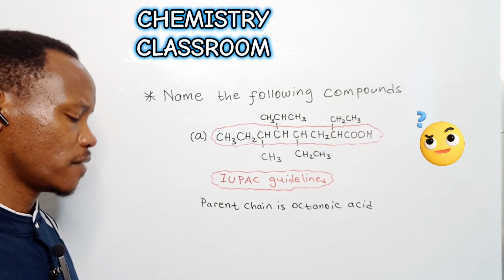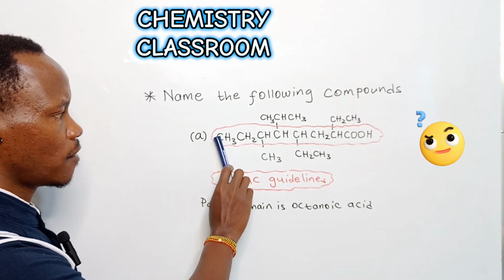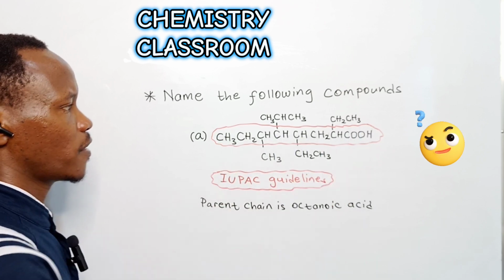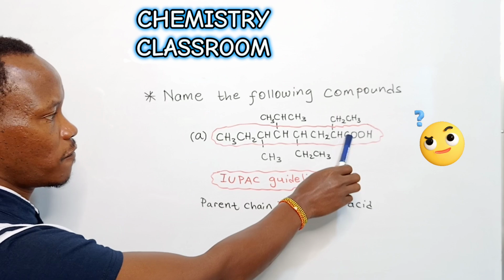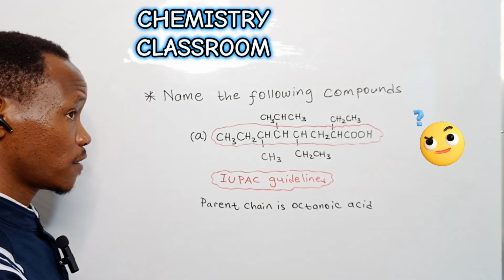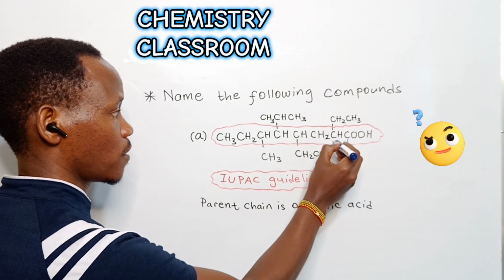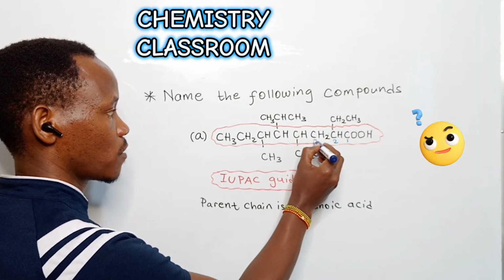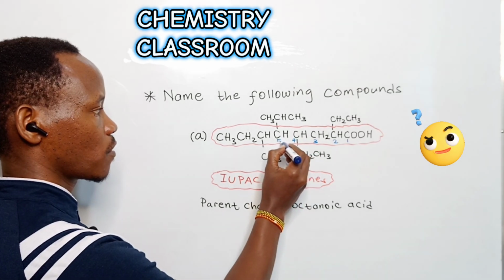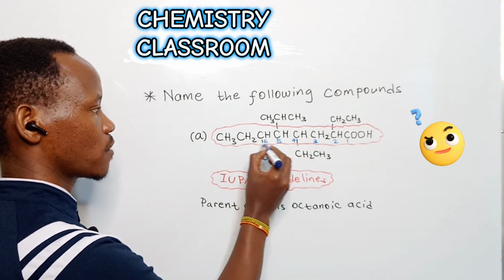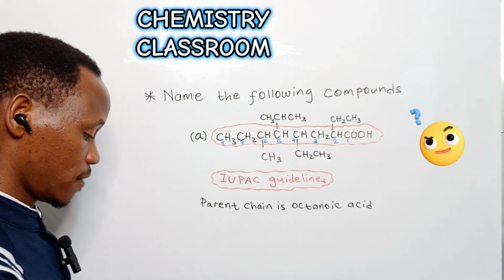The second guideline is that after obtaining the parent chain, we assign numbers to carbon atoms on our parent chain. But we should strictly start from the functional group. So by starting from the functional group, these are the numbers 1, 2, 3, 4, 5, 6, 7, and finally 8.